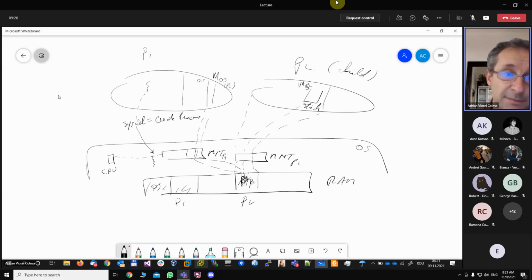I told you last time, very briefly, that if we have the OS mapped inside each process's virtual address space, we could have some problems. When the process is running its own code, the CPU is running inside the process memory, in user mode, the non-privileged mode.